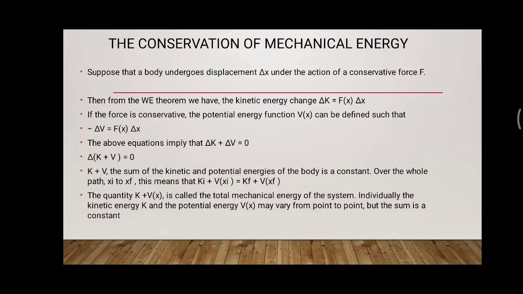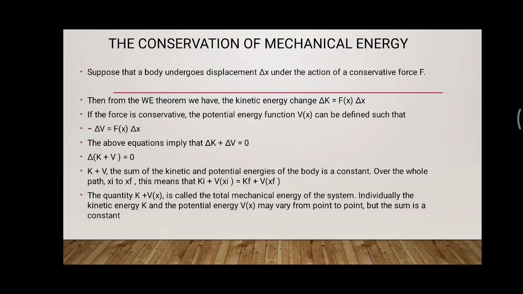So here, from the work energy theorem, you can derive that the kinetic energy change delta K is equal to F of x dx. And now we have derived it in terms of potential energy. The potential energy variation, minus delta V, is equal to F of x delta x.